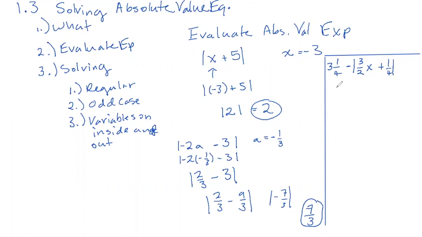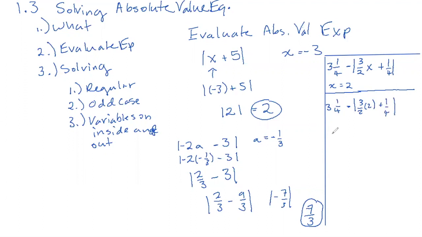And we're evaluating when x is equal to 2. So we're going to do what we did in the other problems, right? We're going to have 3 1/4, and we don't do anything to that for now, minus, and then we're going to have 3 halves times 2 plus 1/4.